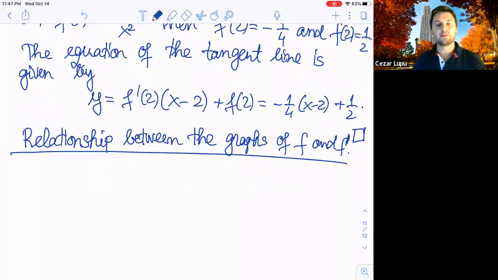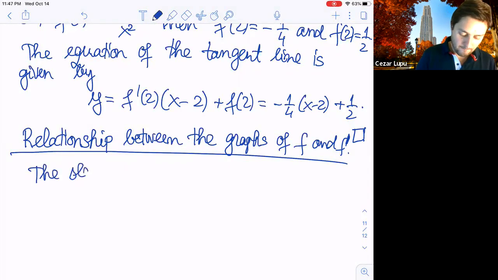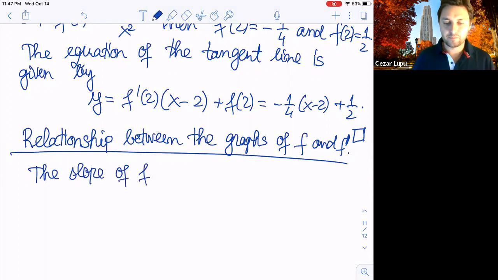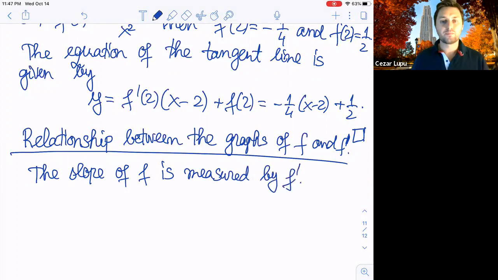So we would like to see how the graphs of these two functions are related. Okay, so the slope of f, right, is measured by the derivative. So we know this. And now we have three things that we need to know.